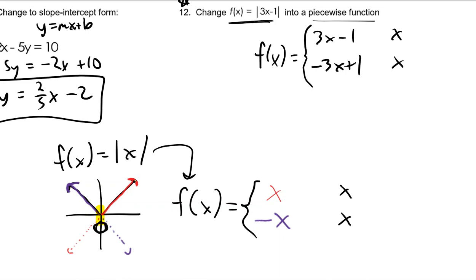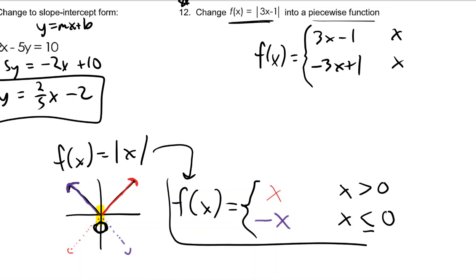So the one with the positive slope is when x is greater than 0, and the one with the negative slope is when x is less than 0. x equals 0 is kind of the handoff spot on this one. Now, if I don't include either one of these, my graph would have a hole in it there. It wouldn't exist. So you can either include it here or you can include it here, but you need to include it in one of the two, but not both. You don't want to double dip on it, but it doesn't matter which one it goes with.